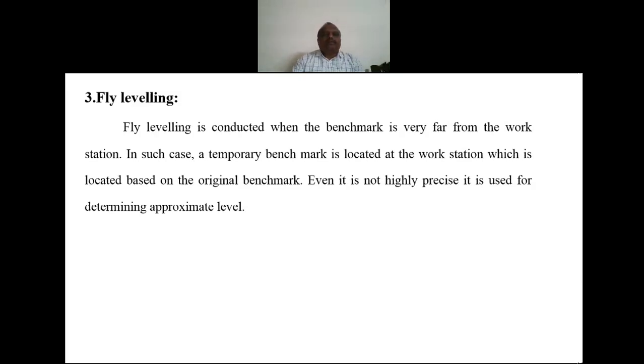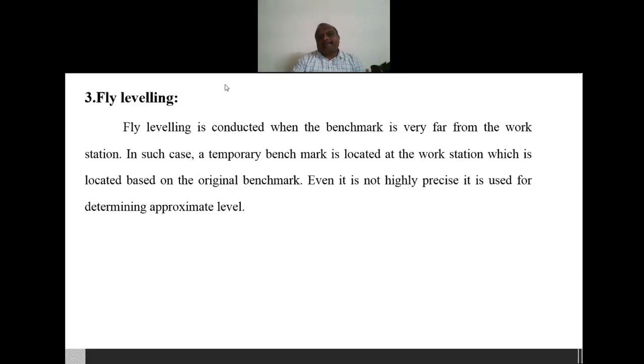And the second application of this fly leveling is fixation of alignments in the highway construction work, canal work, etc. In this fly leveling, we are only taking staff readings of backsight and foresight.